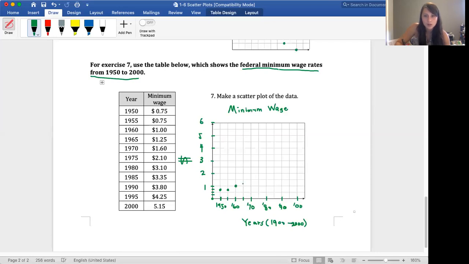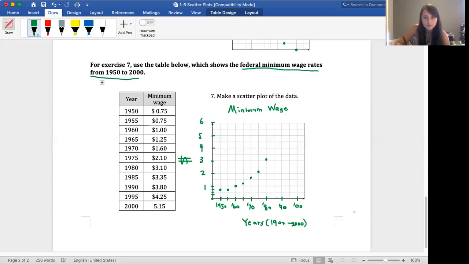1965 is at 1.25. So just a little bit above 1 maybe. And then 1970 is at 1.60. So I'm going to put it a little bit above 1.5 there. And then 1975, 2.10. So right there maybe. Then I have 1980 is 3.10.